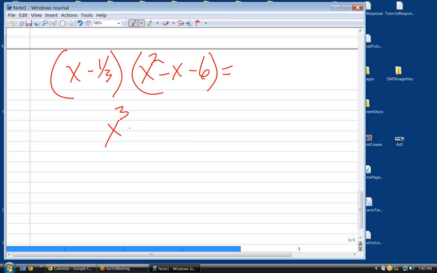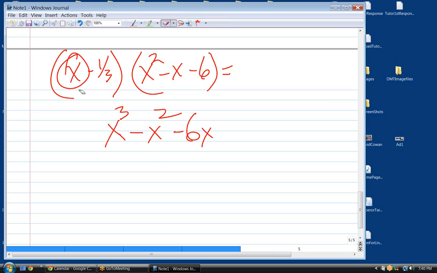So let's write down what we get here. X cubed, what's next? Minus 1/3 x. No, always finish this one. Do all three with that one, and then do all three with the second term. Okay, so minus x squared minus 6x.